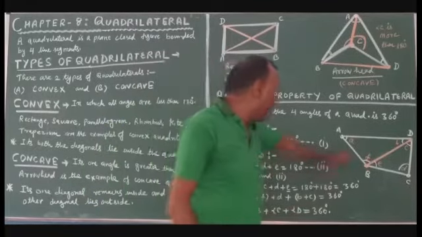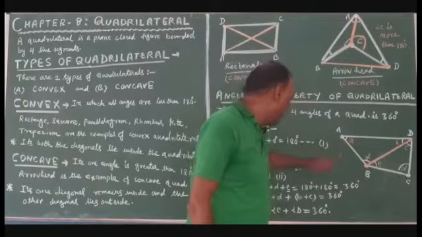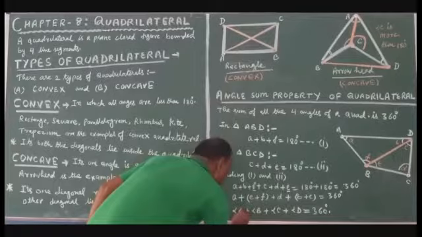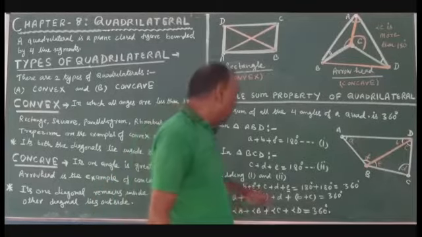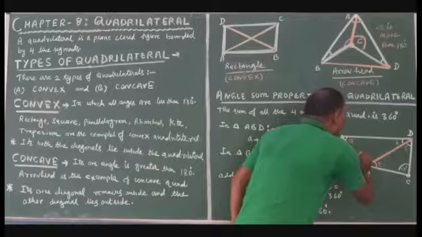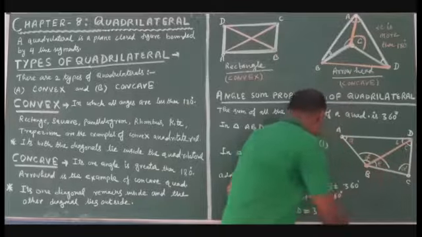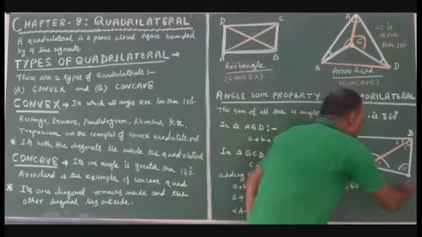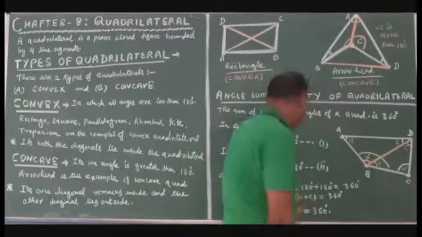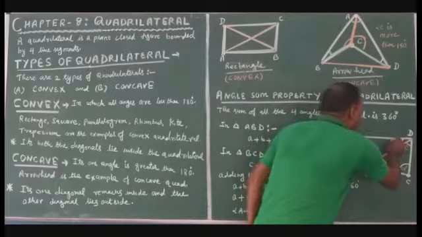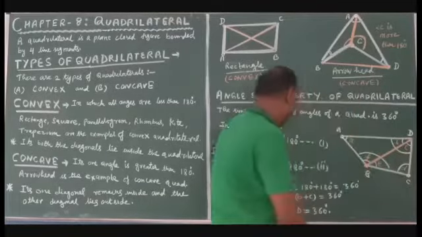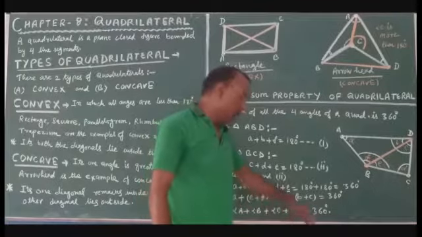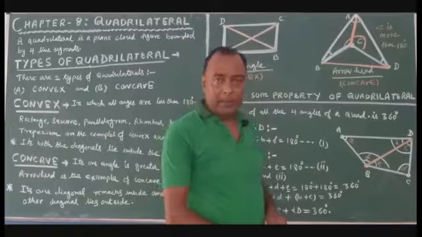What is this small a? This is angle A. E plus f is angle B. This d is angle C, and b plus c is angle D. So angle A plus B plus C plus D is equal to 360 degrees.